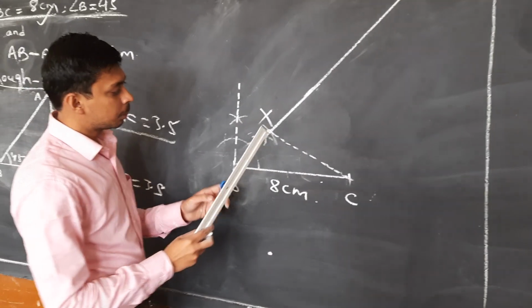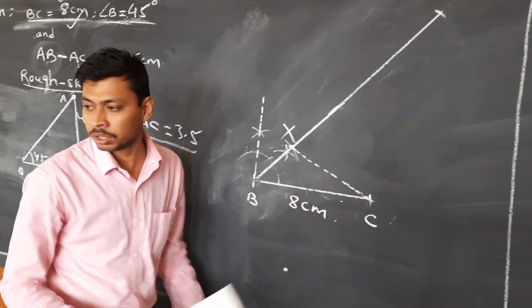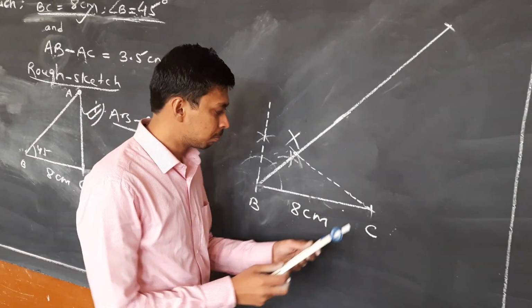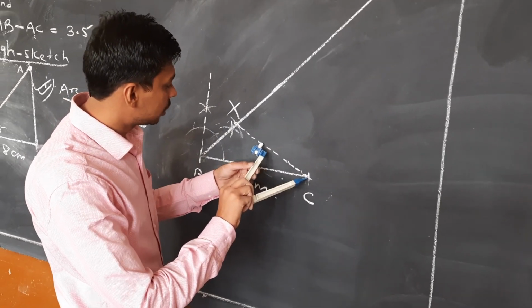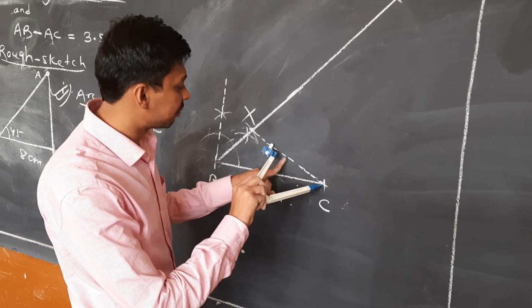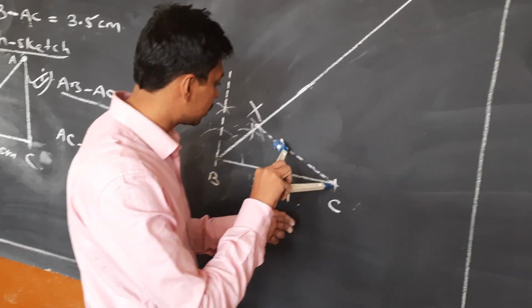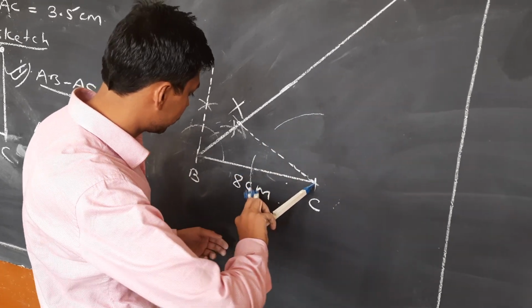Now you have to take the perpendicular bisector of this XC. In order to get the perpendicular bisector, again we come to compass. Taking C as center, take any length more than half of it. Take one arc over here, another arc over here.